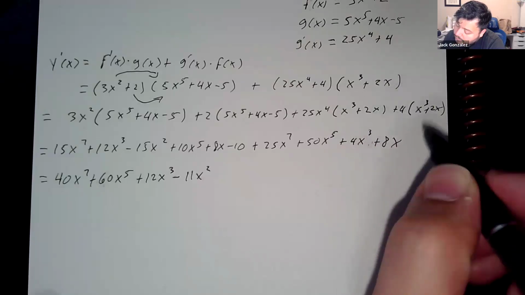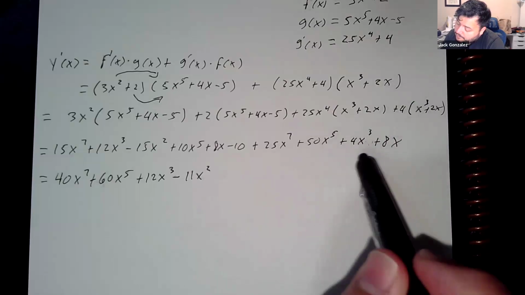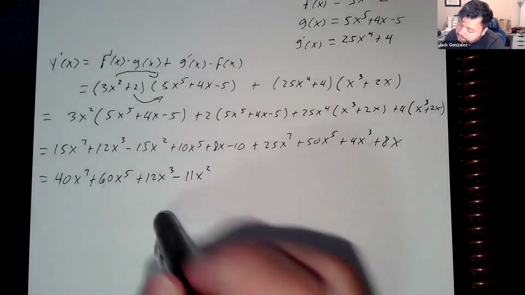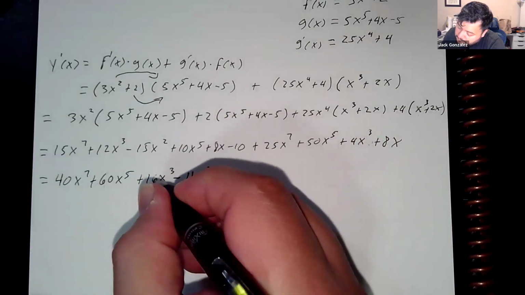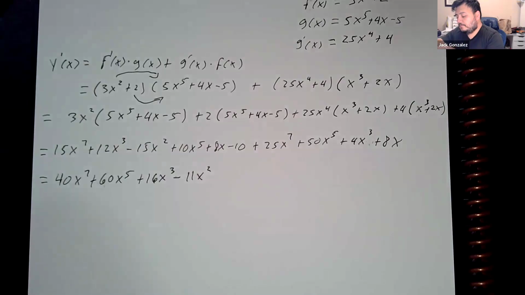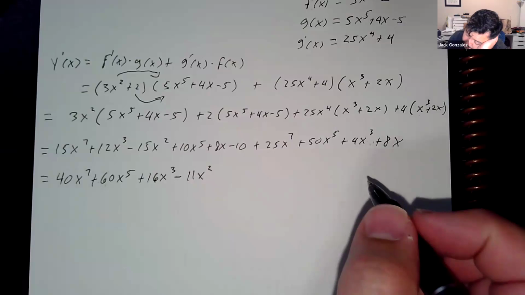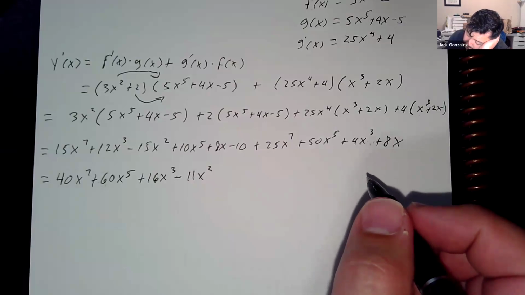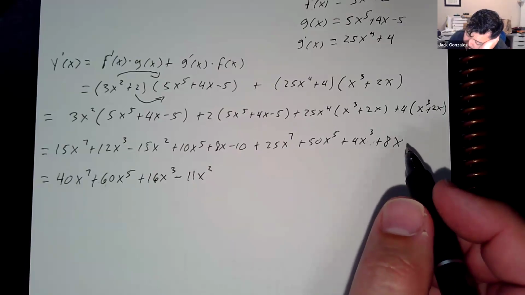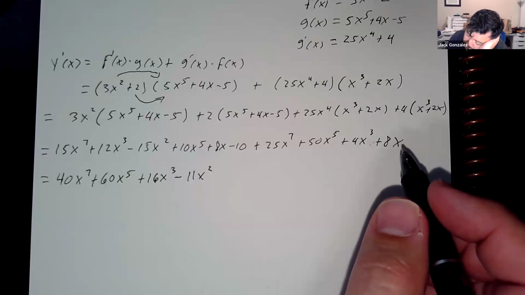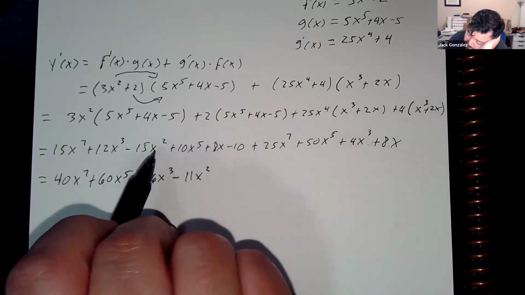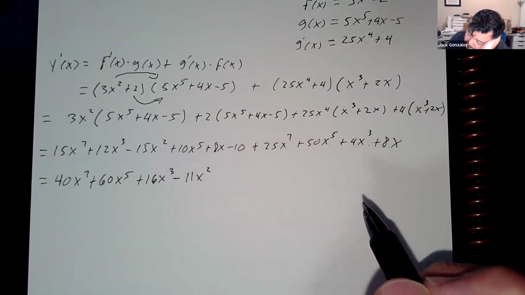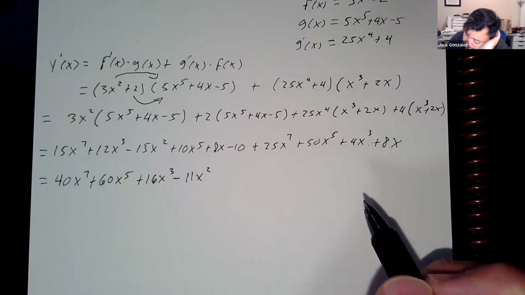Okay. So this would be 4 and 12, 16. Then the x squareds would be negative 15. Is it the only square?